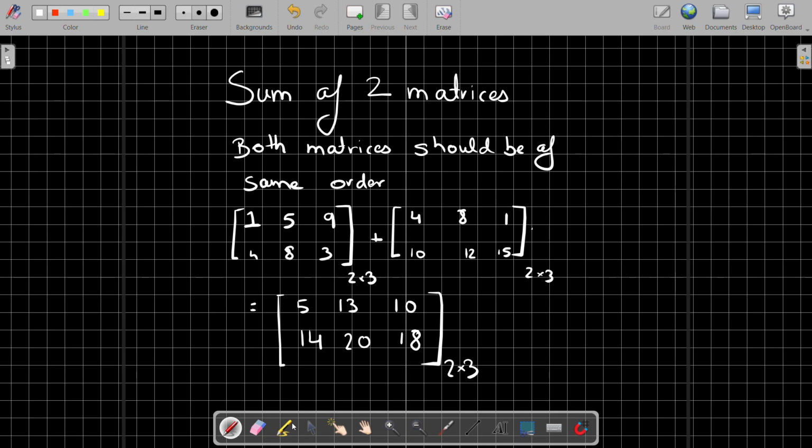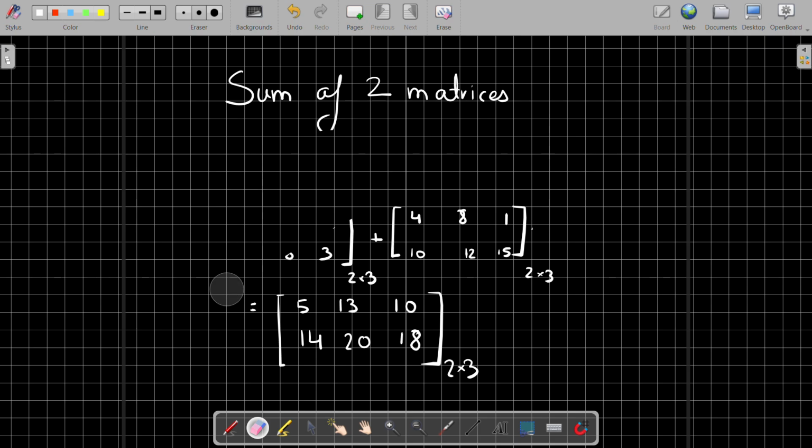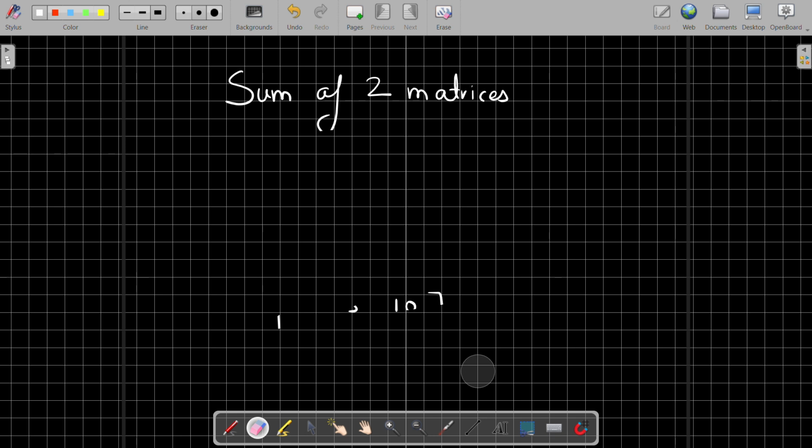So now let's go over some of the properties of matrix addition. The first property of matrix addition is known as the commutative property.